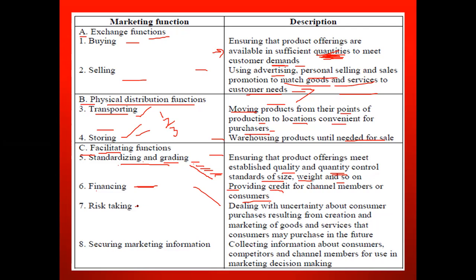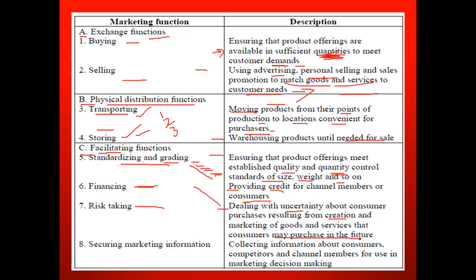Next function is the risk-taking function. So what happens in the risk-taking function? Dealing with uncertainty about the consumer purchases resulting from creation and marketing of goods and services that consumers may purchase in the future.